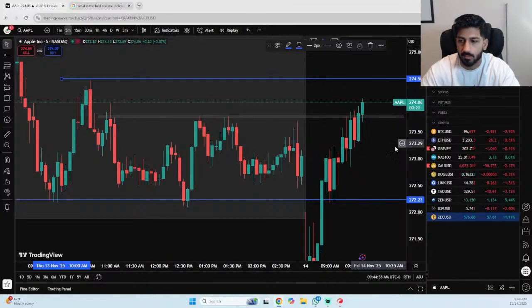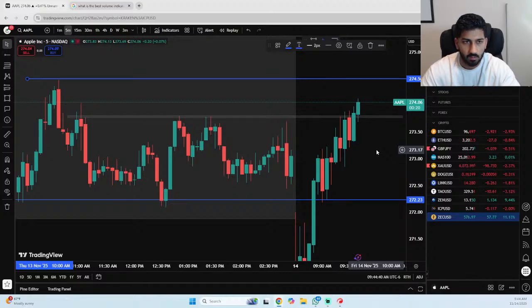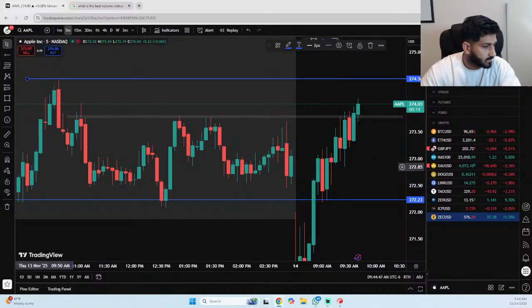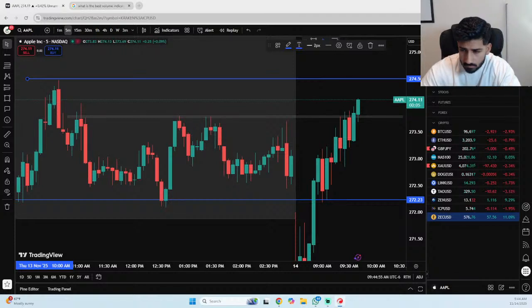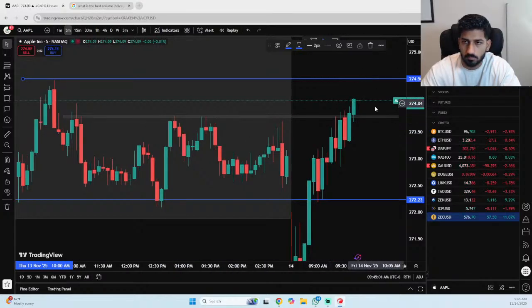I'll wait. I want it to break above 274.50 with higher volume in that region. It has to retest 274.50, then I would like to get in.